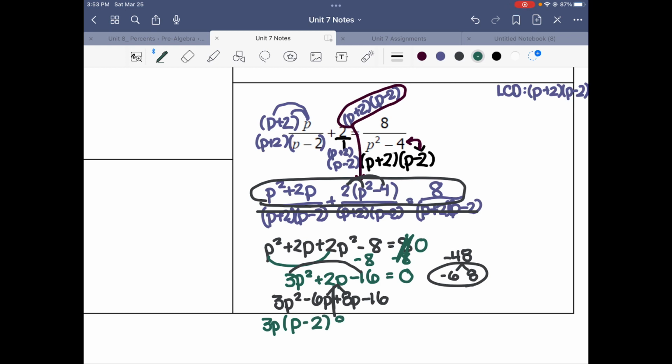You can divide the other two by 8, leaving you with, what do you know? P minus 2. So your factors are 3p plus 8 and p minus 2 equals 0.